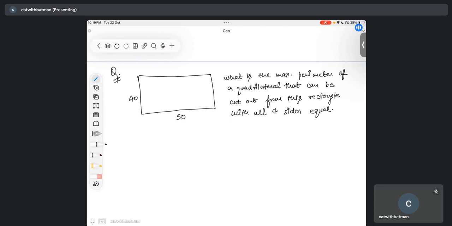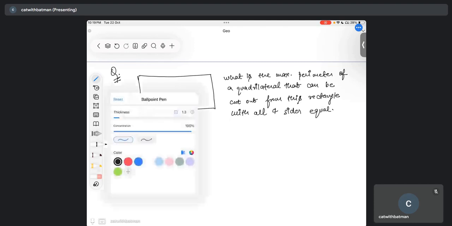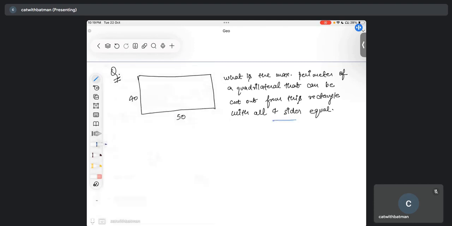Clues are already given, I guess. You can see that it says all four sides of the new quadrilateral that we need should be equal, and the given figure is a rectangle. Here, this is 40, this whole side is 50.